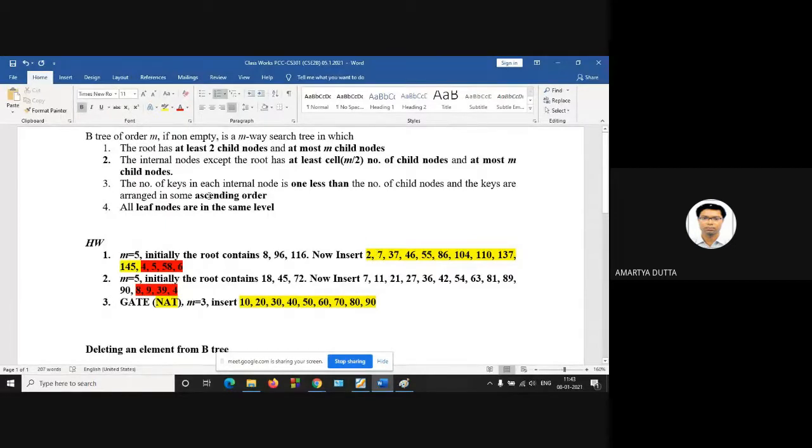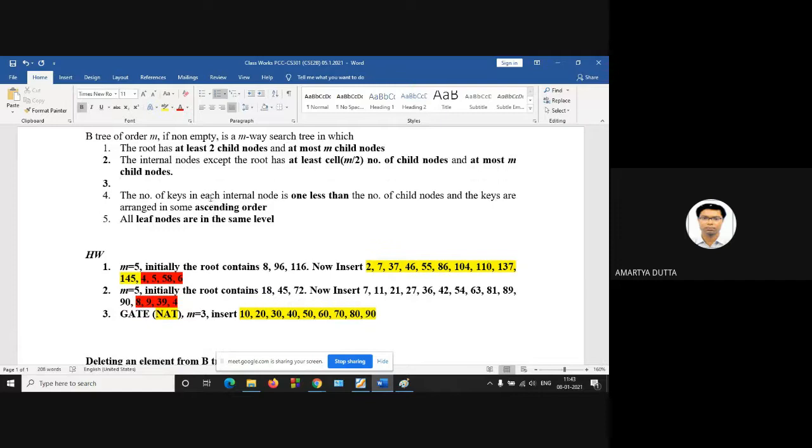The root has minimum 2 children, and at most m children.